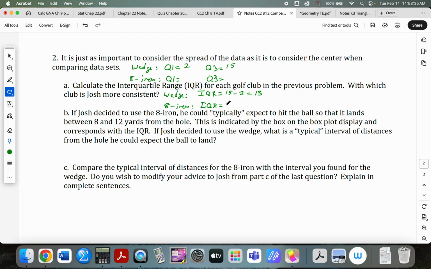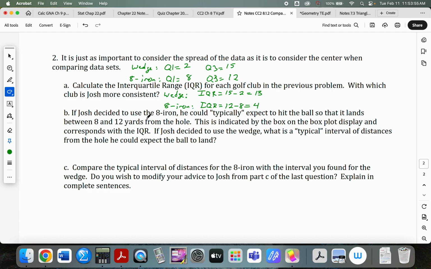All right, what about for the 8-iron? Quartile 1 is 8, and quartile 3? 12. Any disagreement with that? So the interquartile range is 12 minus 8, which is 4.